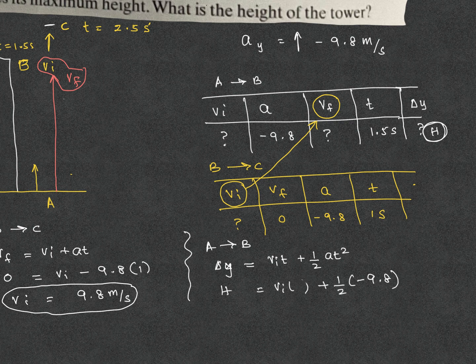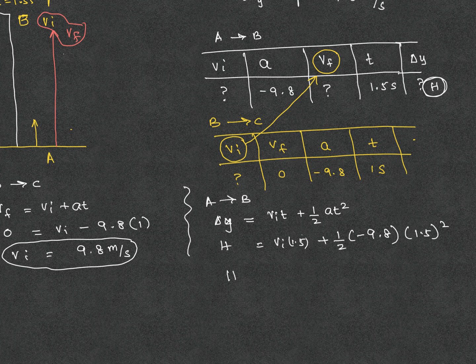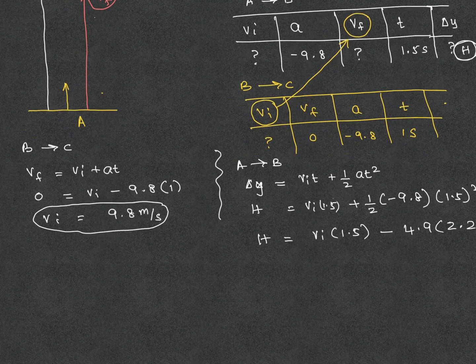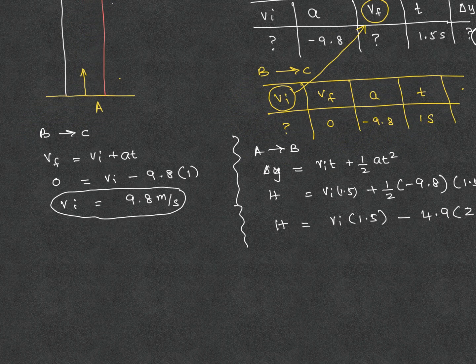So here you have 1.5, and there you have 1.5 squared. You can find h if you can find the initial velocity. So let me put everything that I have here, and 1.5 squared is 2.25. Finding the initial velocity for this segment, I am going to do it separately over here.